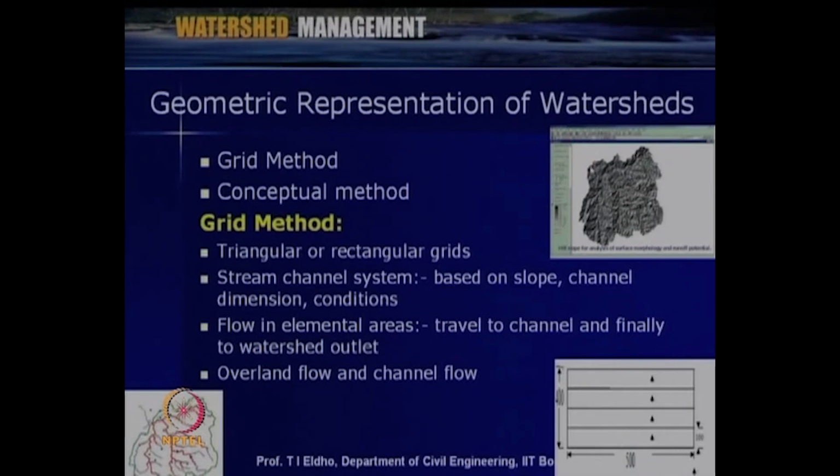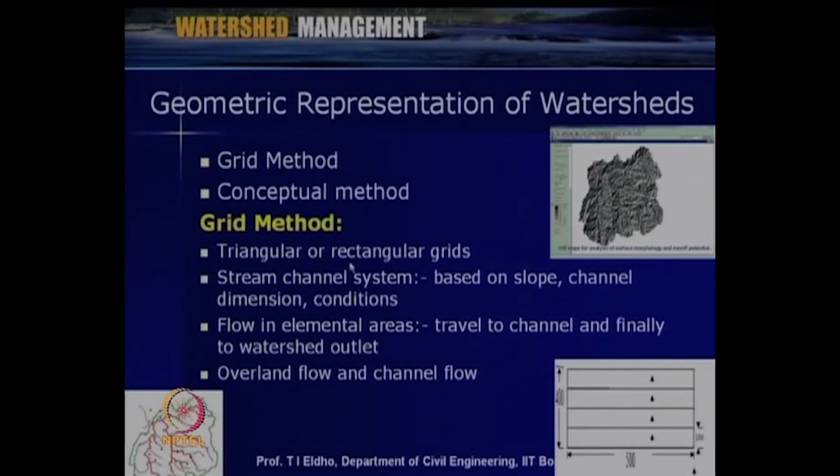So, if this is the watershed outlet, we can consider a grid like represented here, and the flow travels from one grid to another grid, then to an adjacent channel, and finally to the outlet of the watershed.